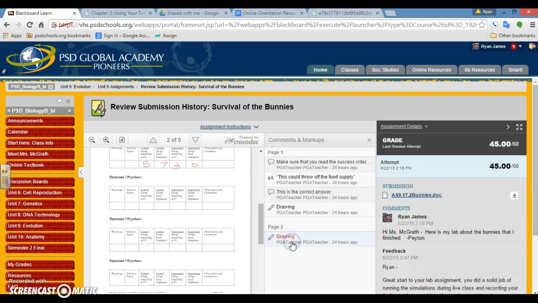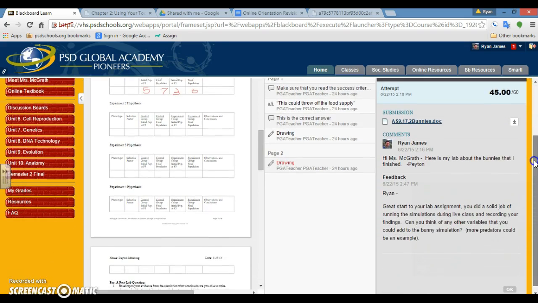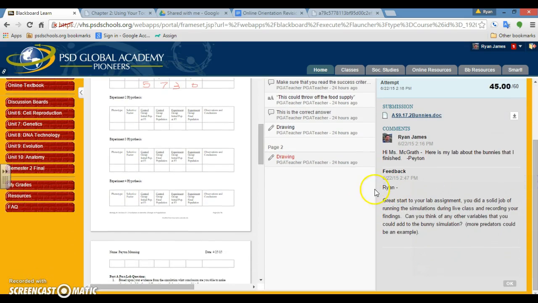And then the teachers can also actually draw on the assignments you turn in. So these are the correct answers that Miss McGrath filled in so that I know in the future what she did. Miss McGrath and Miss Unruh, the math teacher, particularly like marking on your assignments directly quite a bit. Then over here off to the right, I can see some feedback that she left me.